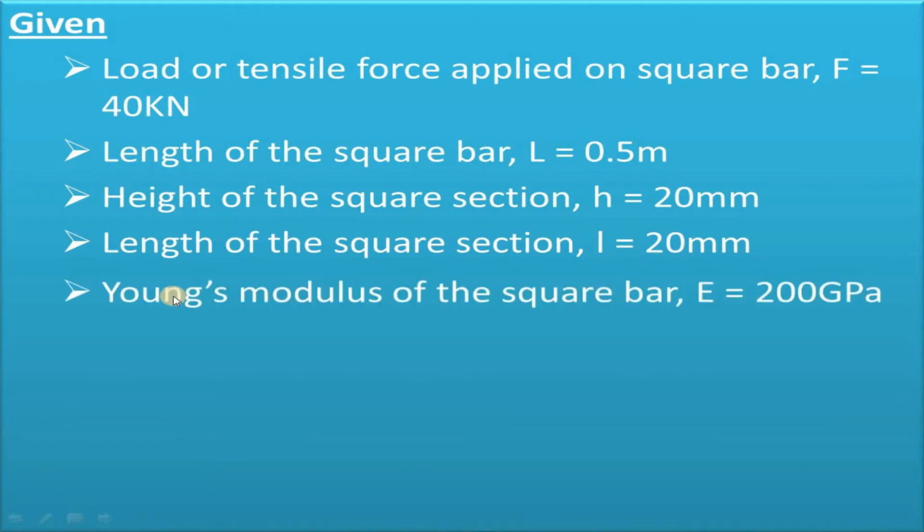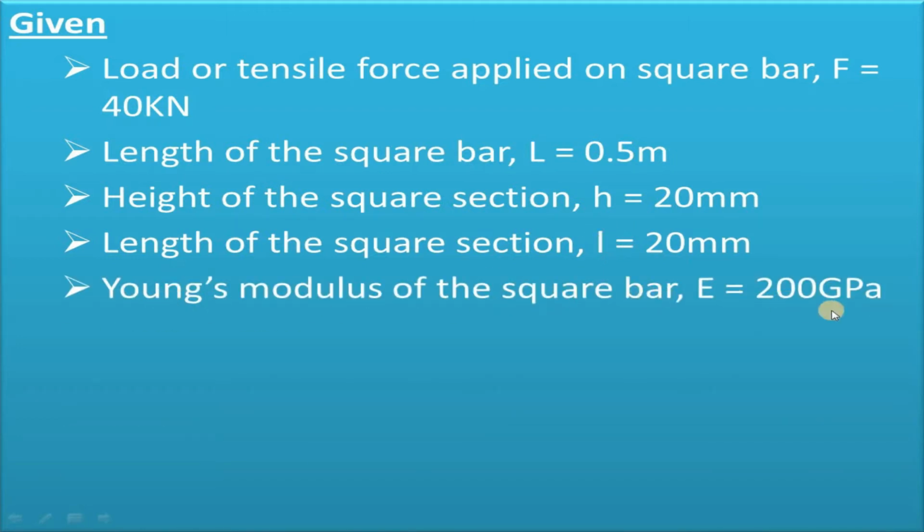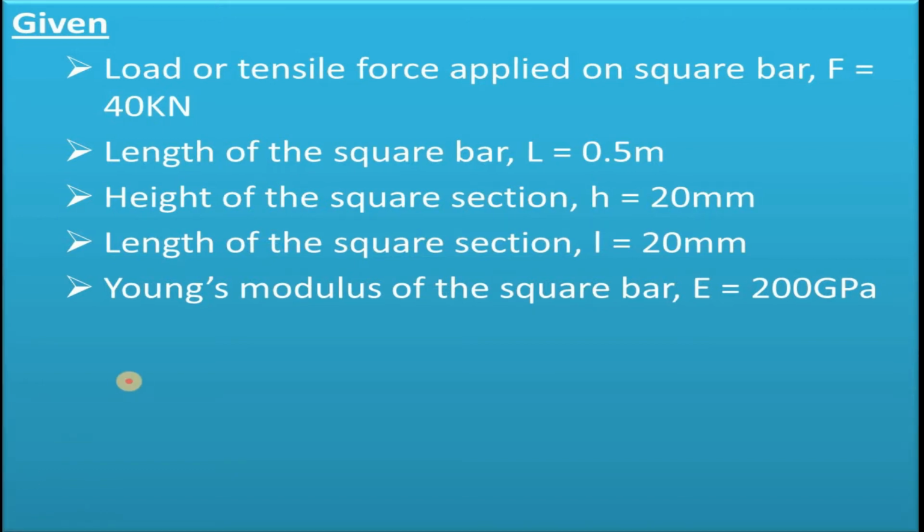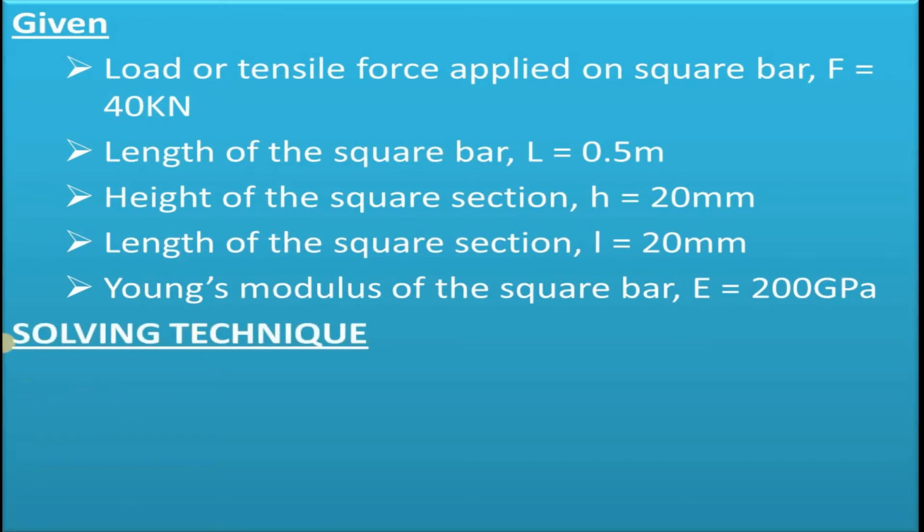Fifth, the Young's modulus of the square bar is 200 gigapascal and it is taken as E. So by using these five conditions, we are going to find the values of tensile stress, deformation and axial strain. Now I will move to the solving technique.